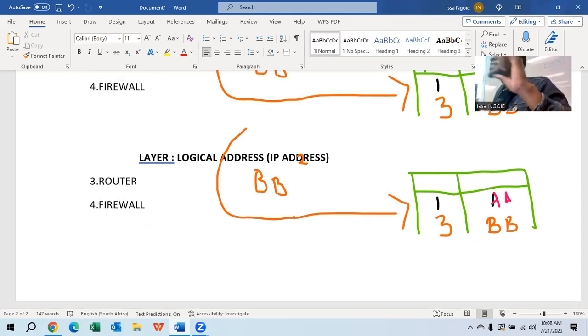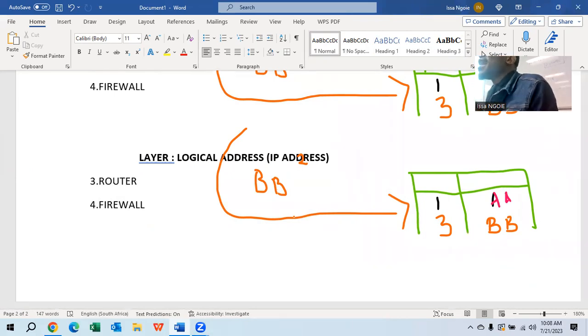If we are connected using a layer 3 switch, that device will make decisions by checking the database. That database will have IP addresses, not physical addresses.